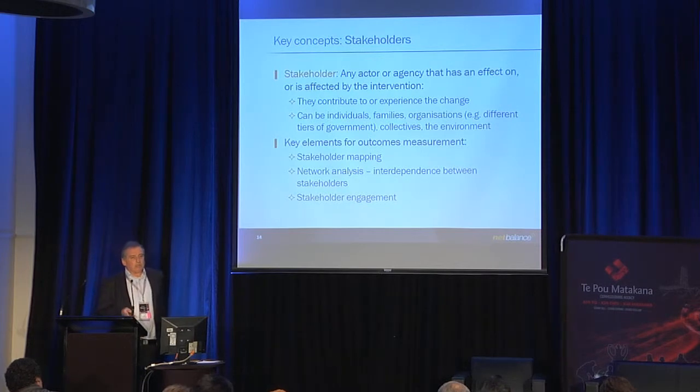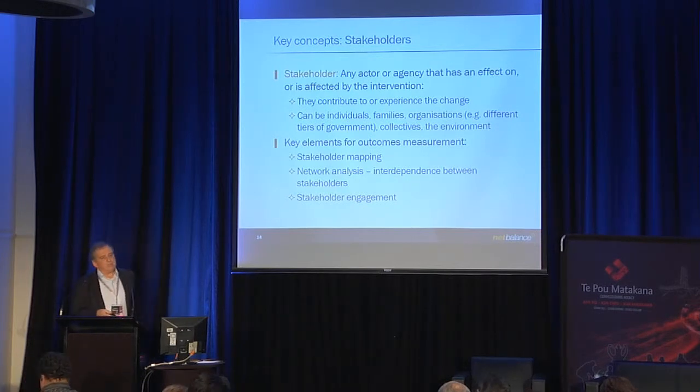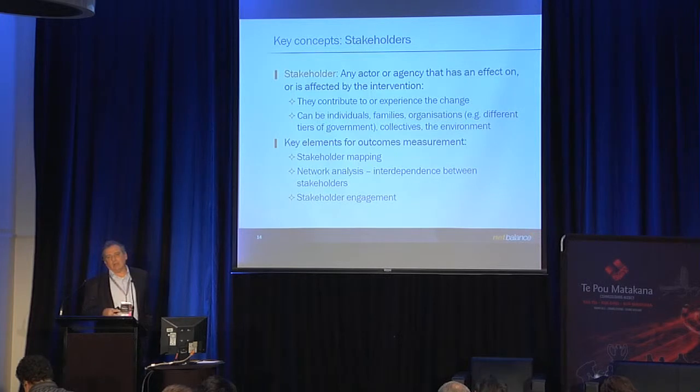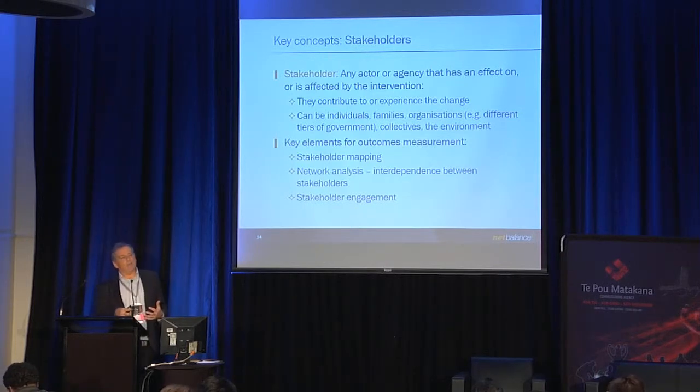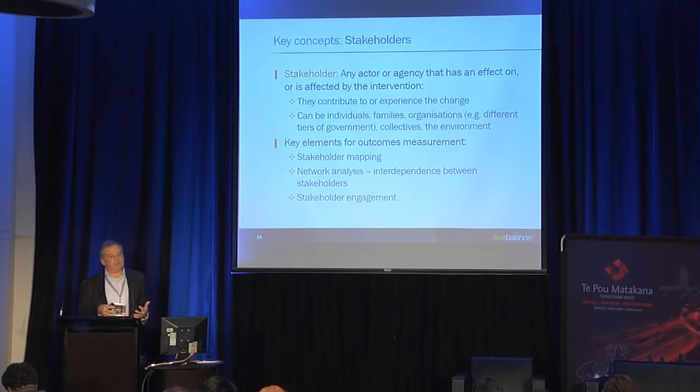Now, I mentioned early on in one of the slides, one of the problems with the existing methods of measurement is they never really engage with the most important stakeholders. So this is what makes a lot of difference when you do measurement of social outcomes, the degree to which you engage with those people who are affected by it, but also those that contribute to change.